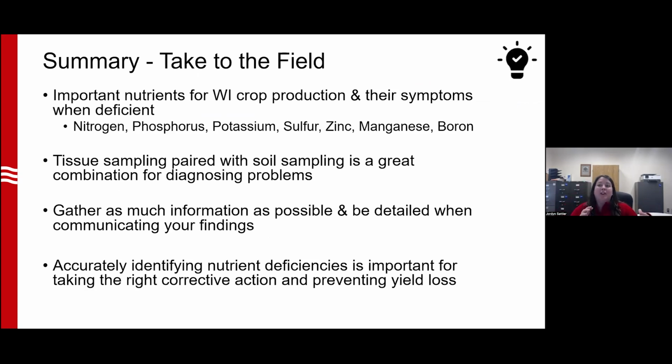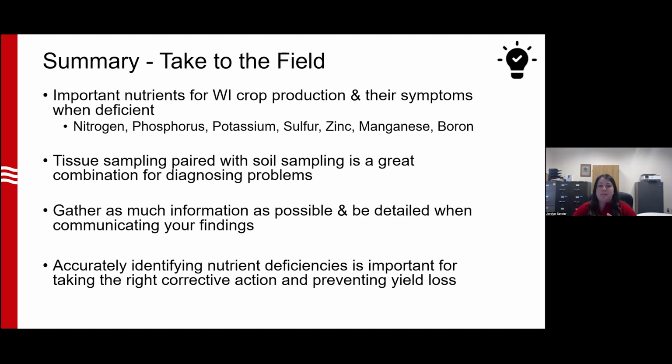In summary, here are a few points that I want you to take to the field next time you're out scouting. Know what deficiency symptoms look like for our key players, nitrogen, phosphorus, potassium, sulfur, zinc, manganese, and boron. And if you see a problem, plan to take tissue samples and correlating soil samples to help confirm the suspected nutrient deficiency.